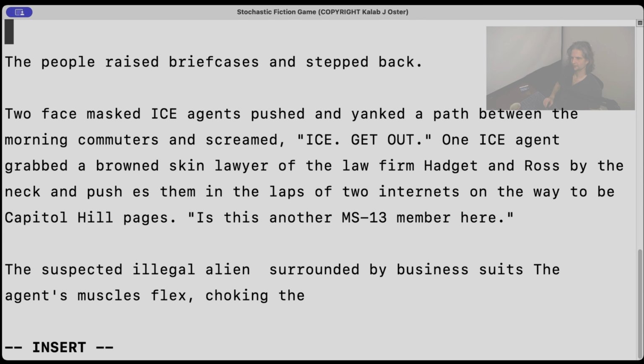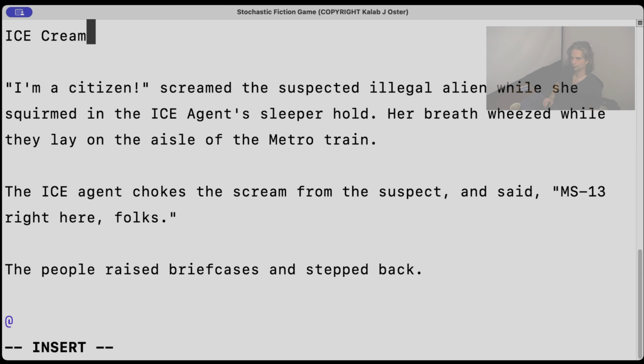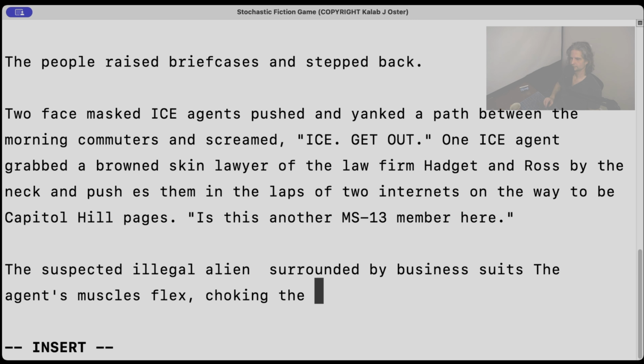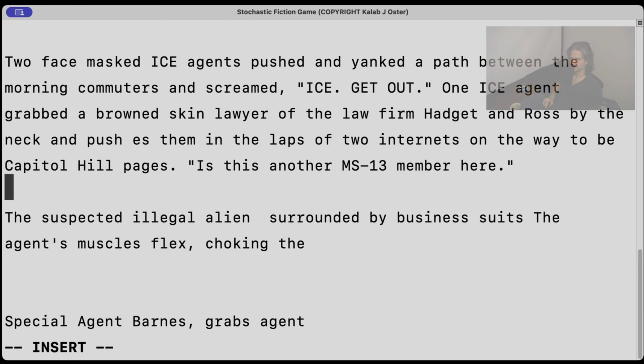We got the two face mask agents pushing yanks. Boom, boom, boom. We have the opening up for this story. We got 54 minutes left. And I think there's at least something here. Maybe. The suspected illegal alien surrounded by business suits. Let's do. We already have that.